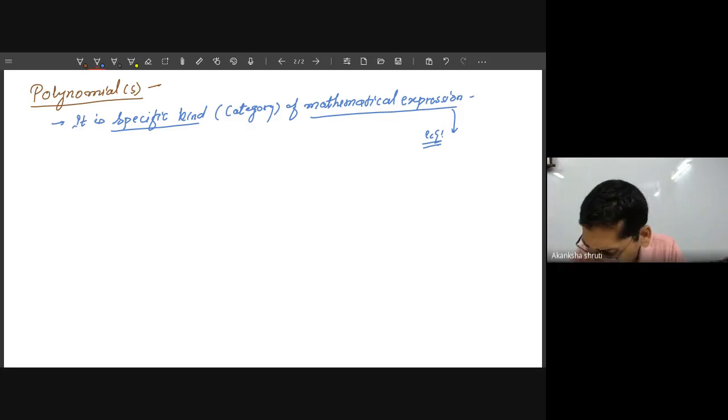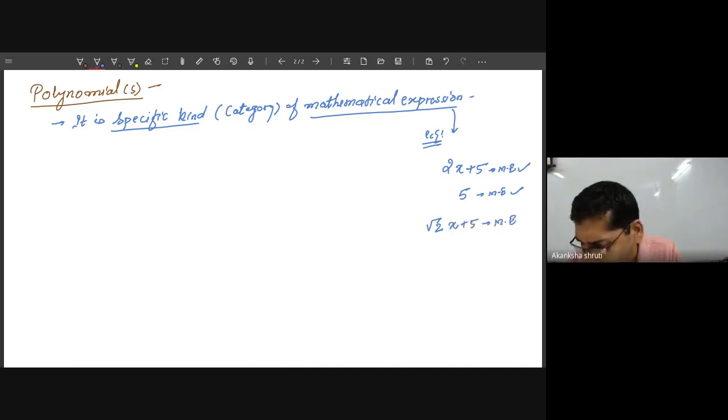If you are taking say 2x plus 5, it is a mathematical expression. Even if you are taking any real number, 5 itself, this is also a mathematical expression. Even the square root of 2x plus 5 is also a mathematical expression.